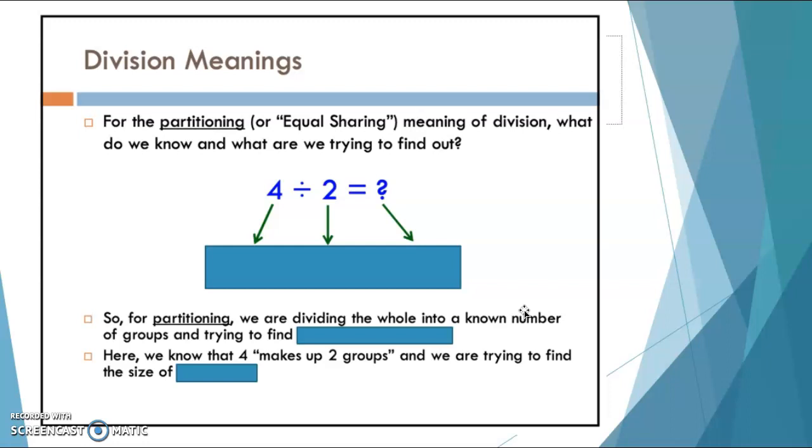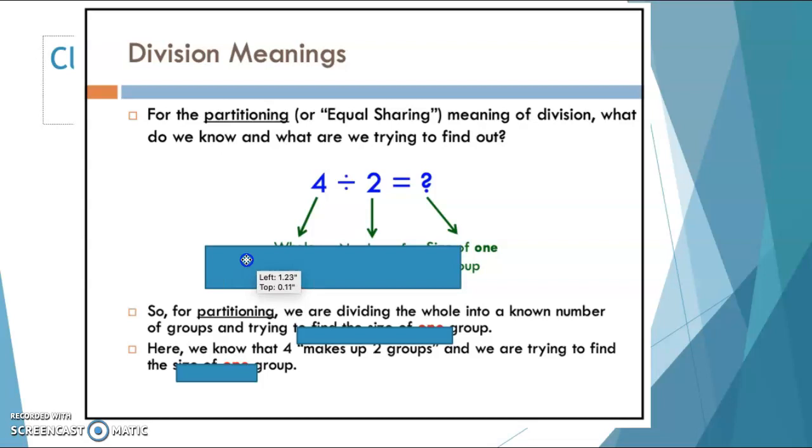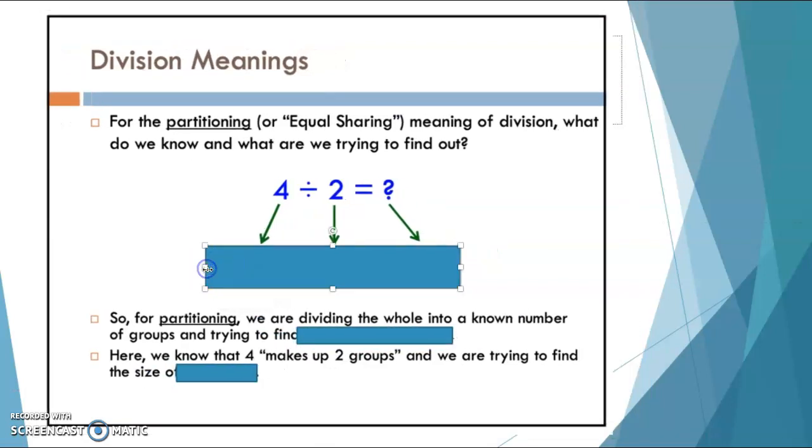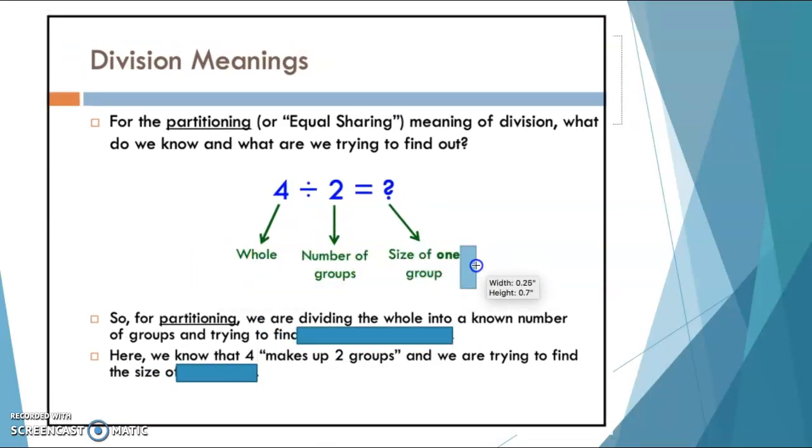What do we know and what are we trying to figure out? 4 divided by 2 equals. This one is typically a little bit more straightforward. 4 is the whole, 2 is the number of groups, and what we're finding out is the size of one group.